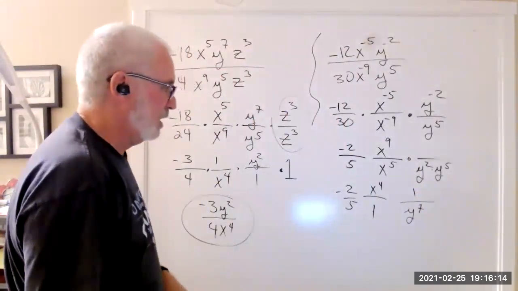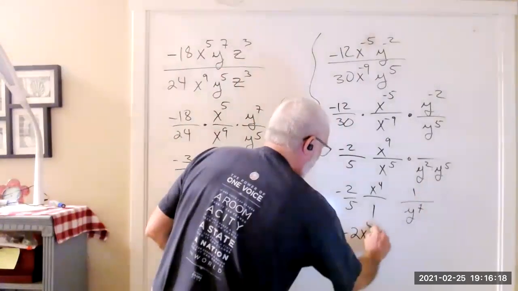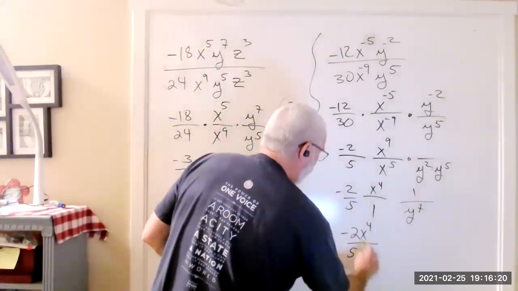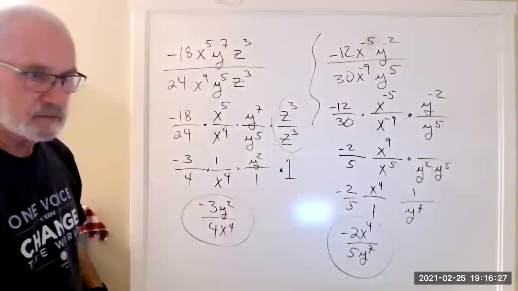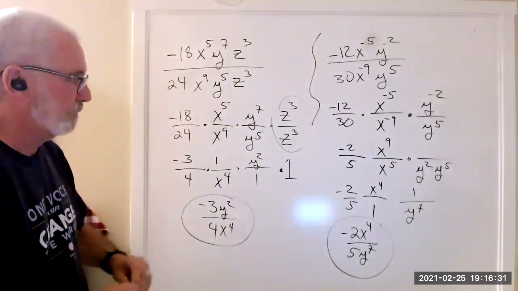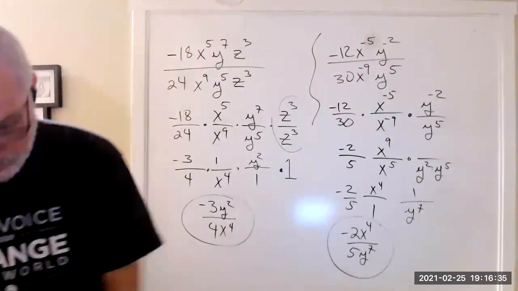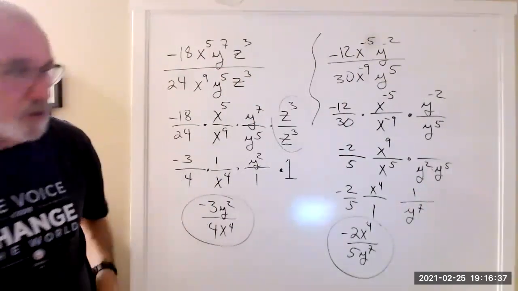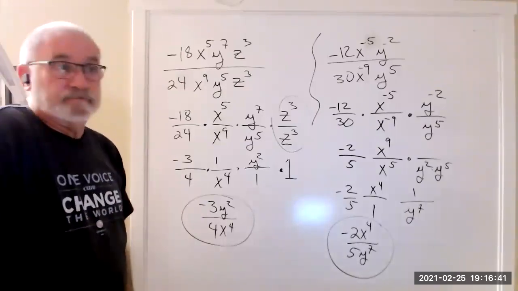Shove everybody together, final answer: -2x to the 4th over 5y to the 7. That's your answer. Is that okay with everybody? That's pretty much a review of everything we did last night.